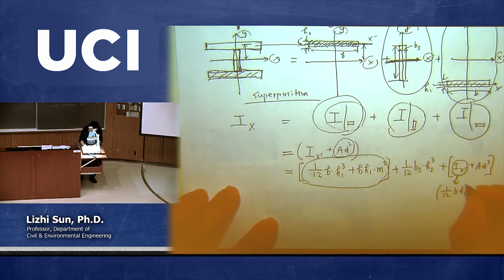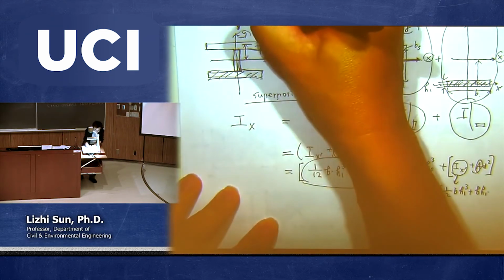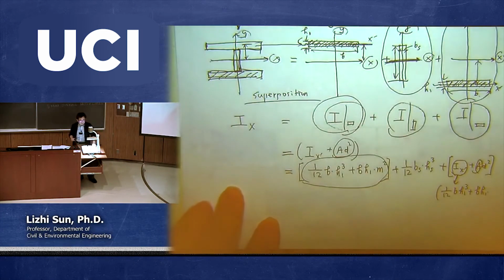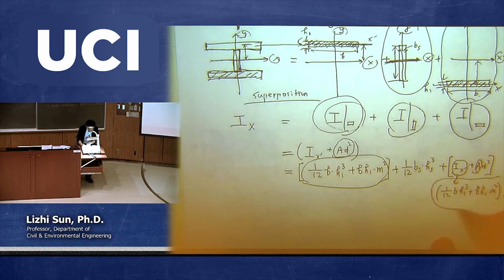So h1 cubed, plus the area of this flange, which is b h1 again, multiplied with d. D is the distance from x prime to this global x. In other words, due to the symmetry, same m. So then b h1 m squared. So this is the moment of inertia for the third part.